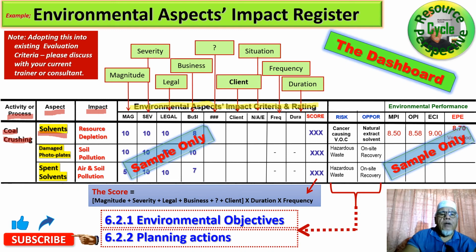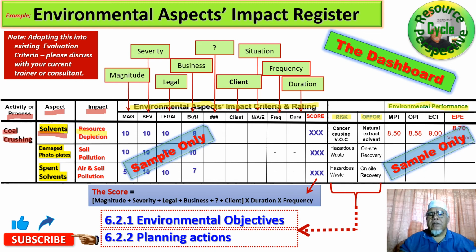And also we have got environmental impact, like right here, like resource depletion. And importantly, please remember this. It would be worthy to include risk and opportunity in your dashboard. And then on top of that, these are all already complying to the intended outcome of our environmental management system.